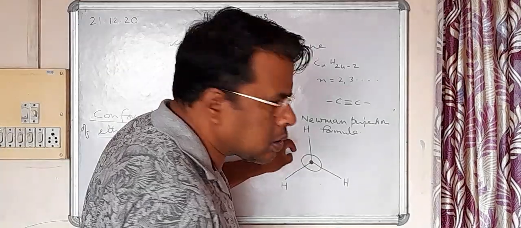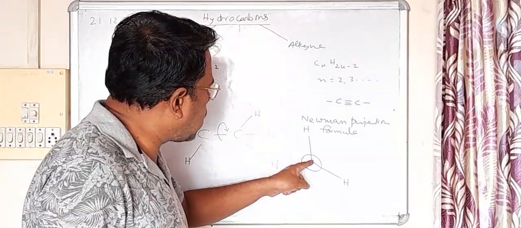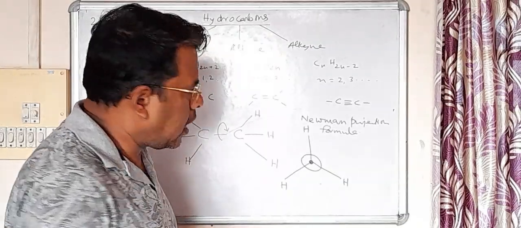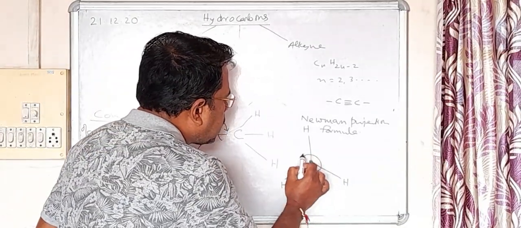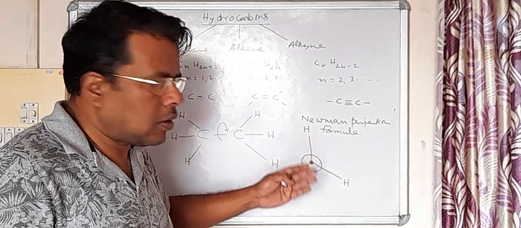When we are looking at this ethane, this carbon atom is nearer to us, and this carbon atom is away from us.